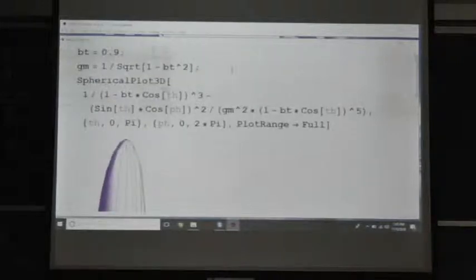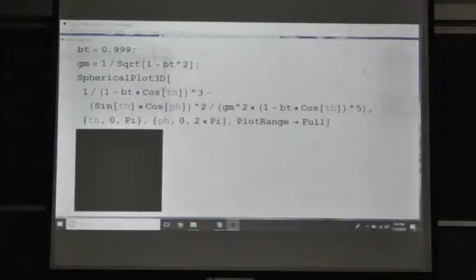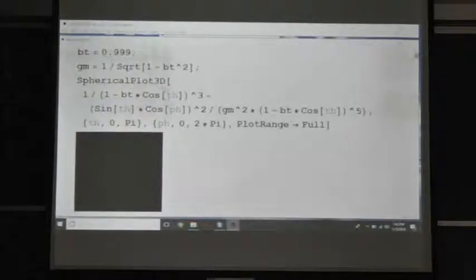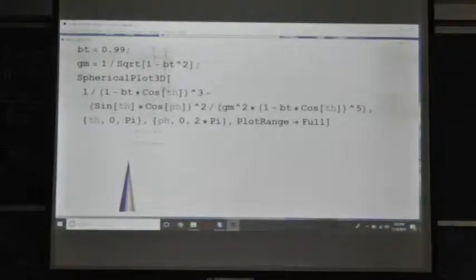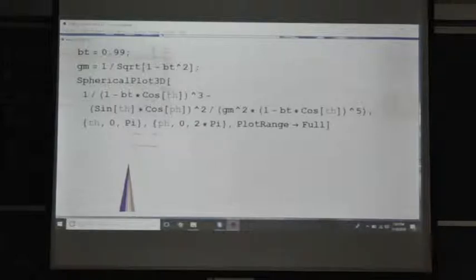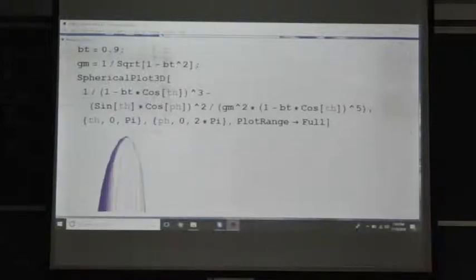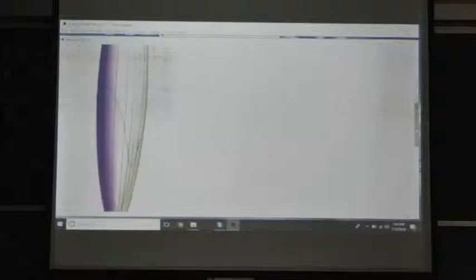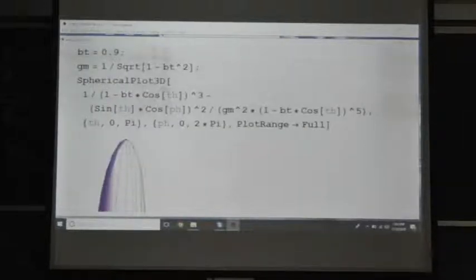So the particle is right here at the bottom. 0.999. Out of the mathematical range, so we make it double. So this is pretty short. So this is about 0.9. So now you get the idea.